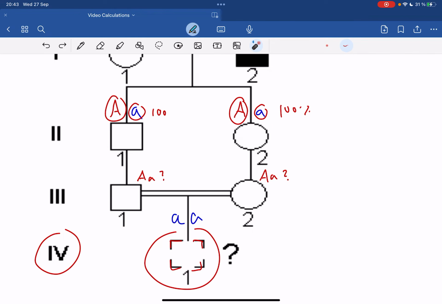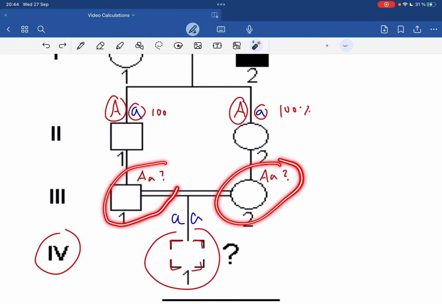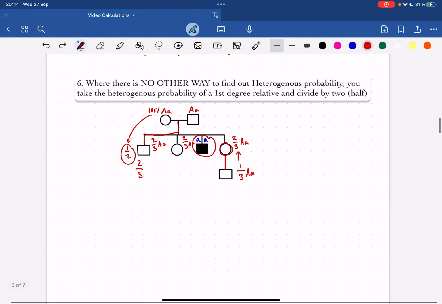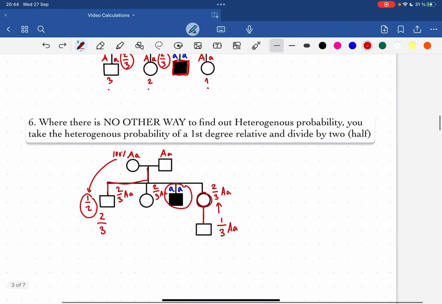What is the chance for these people to be heterozygous carriers? Is there any other way for us to calculate these? Is there another relative that is affected? No. So that's why we go according to rule number 6. No other way to find out.